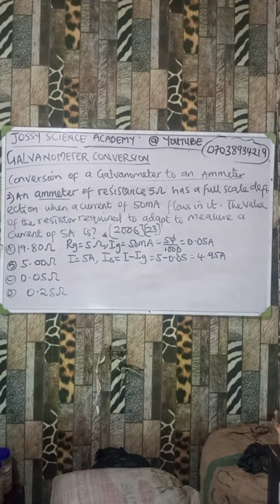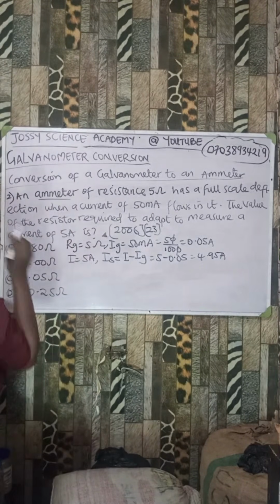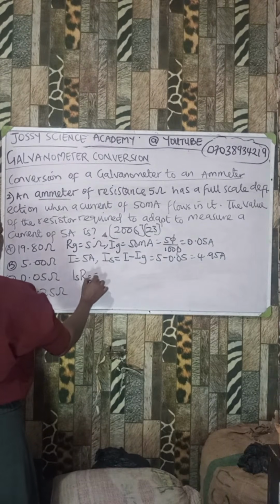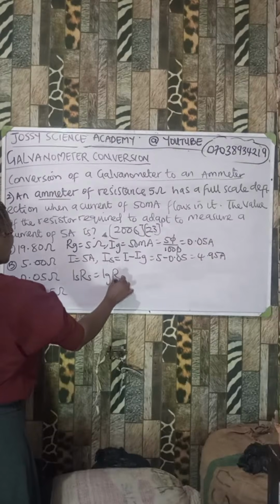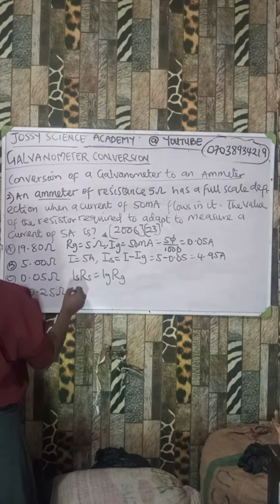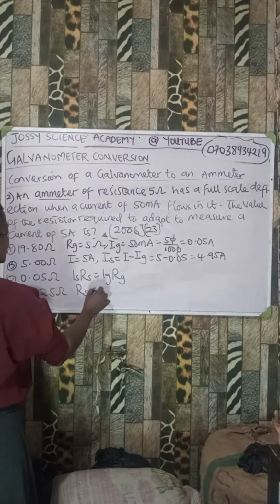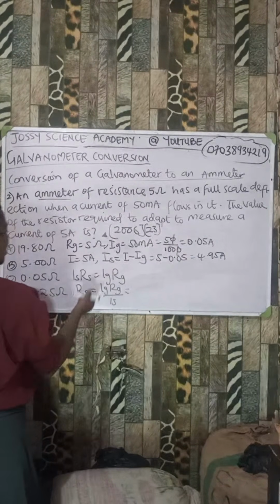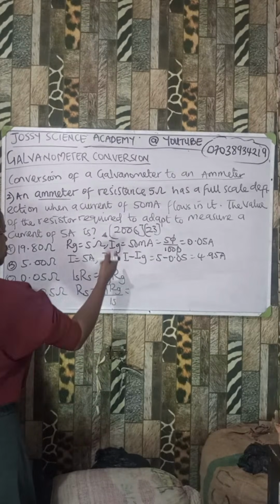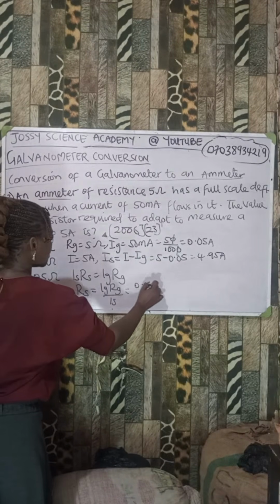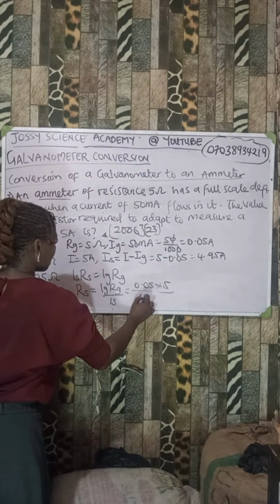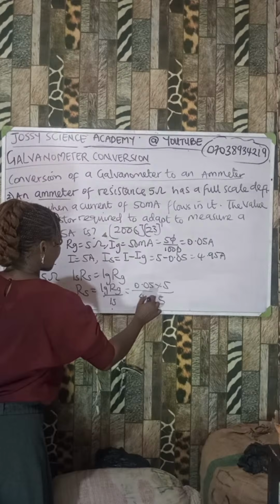All right, so let's just put our formula. We now said what? IS RX is equal to IG RG. Now you're looking for RX, so this is IG RG over IS. Current of the galvanometer is 0.05 times resistance 5, divided by 4.95.